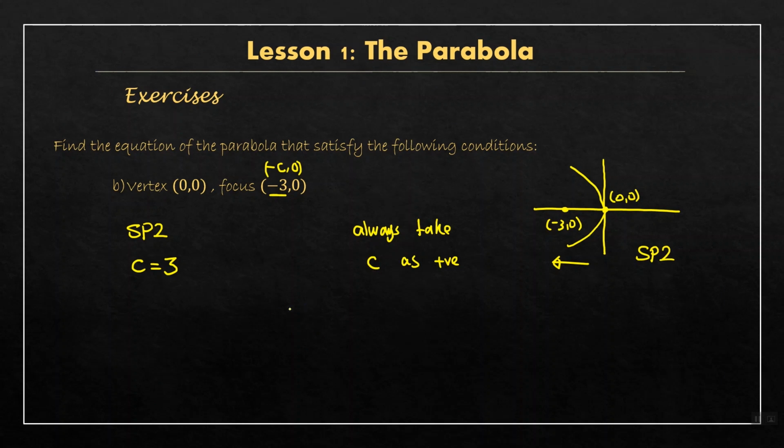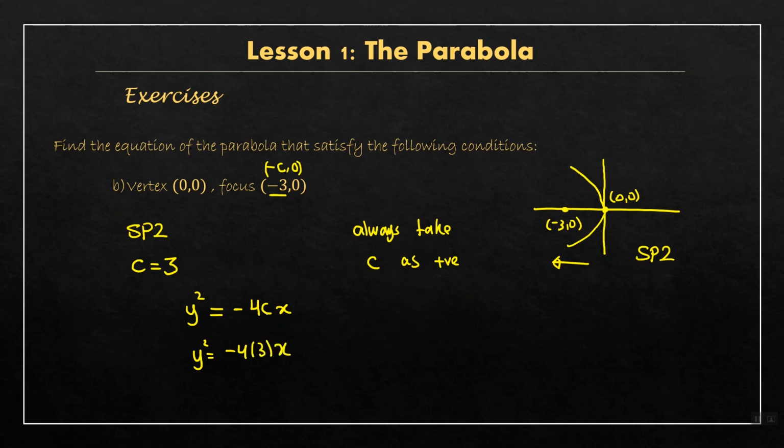And why do we say that? Now the equation should be the following. It should be 4 times c, right? And because this is in the negative x-axis, I'm going to multiply by the negative x, and the other letter is going to be y squared. So the equation should look like this. You can go back to the table and check that this is the equation in SP2. So y squared equals minus 4 times 3 multiplied by x.